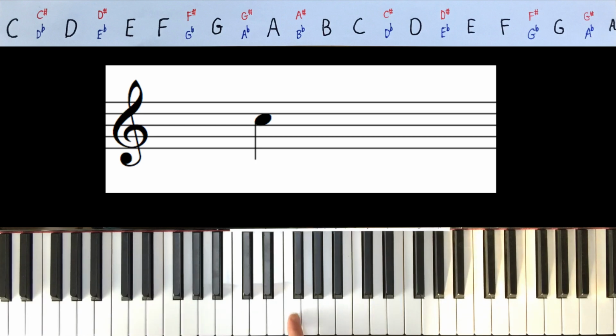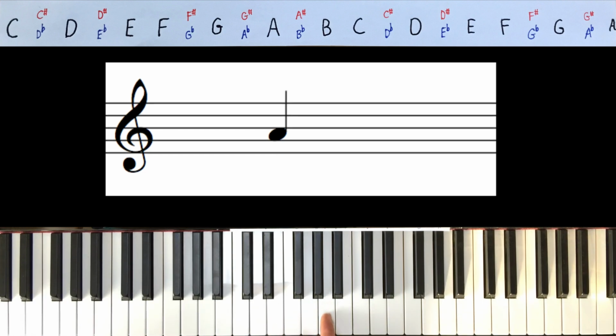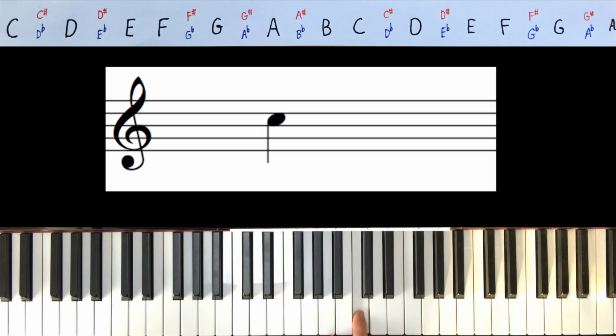If I play this F, that is the 1st space that you can see on your screen now. If I go to A, that is the 2nd space. C was on the 3rd space, and E was on the 4th space, on the top space.